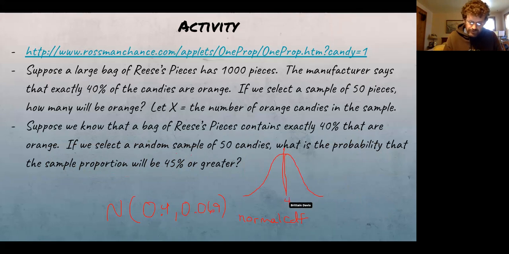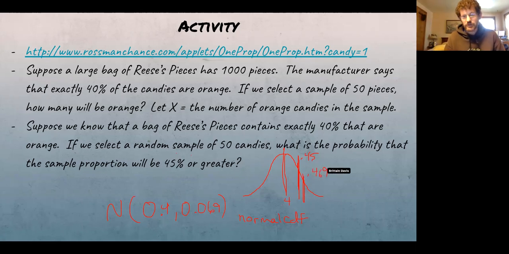And 0.45 is going to be somewhere about right here, because the first standard deviation right here is going to be 0.469. So we want to find the probability of getting 0.45 or greater, and this should look awfully familiar to you guys. It's just any of those outcomes, and we're doing a normal CDF calculation. So see if you can figure out what the probability of getting greater than 45% is going to be.